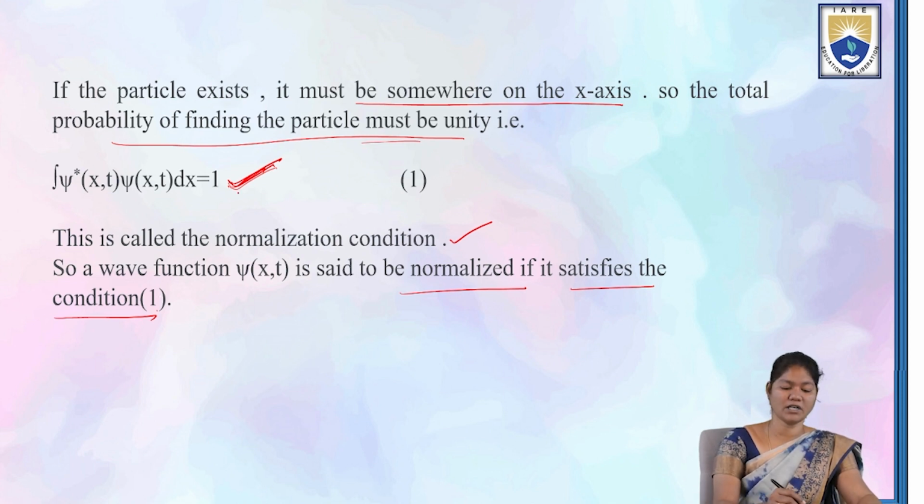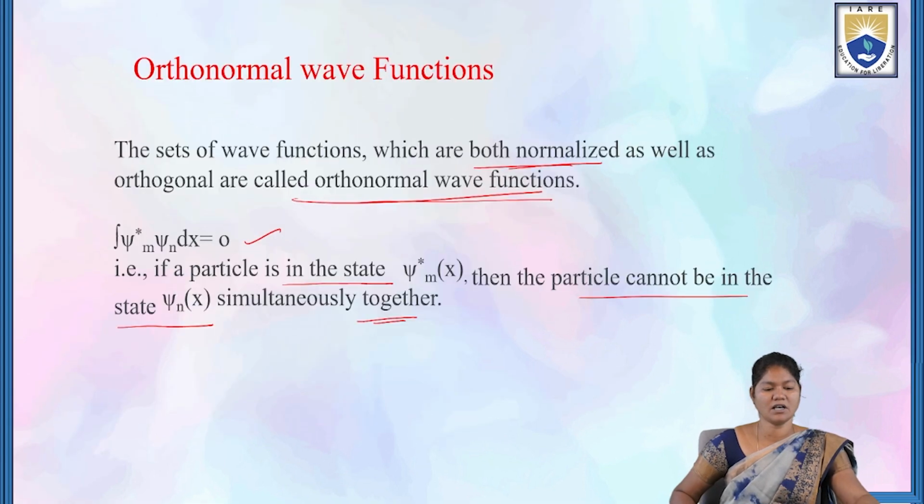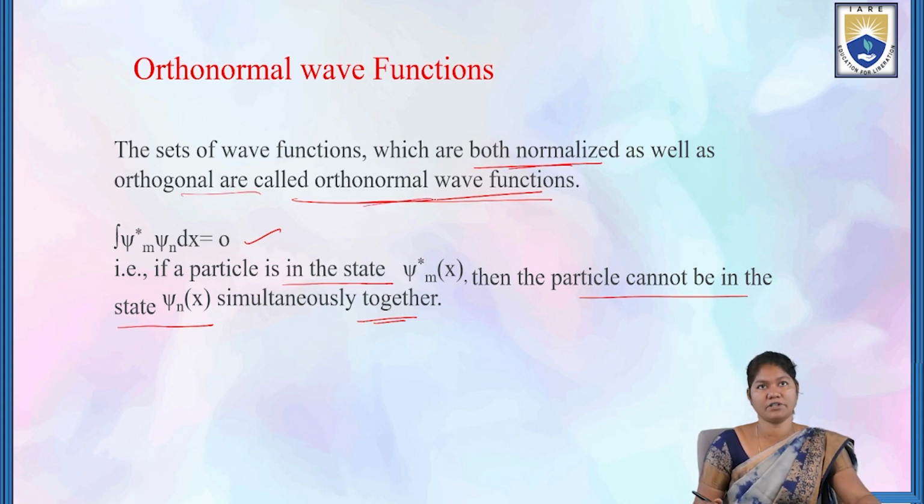So this is called the normalized wave function. And then orthogonal, and finally orthonormal. Orthonormal is nothing but the sets of wave functions which are both normalized as well as orthogonal, and then they are called orthonormal wave functions.